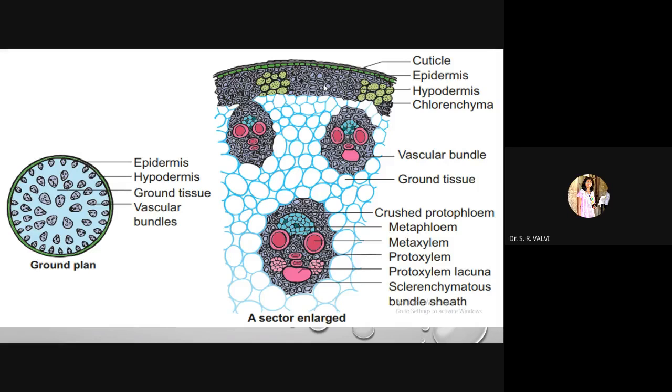Monocot plants are very soft in nature, and such a stem or leaves should withstand high wind velocity, or withstand any mechanical damage.